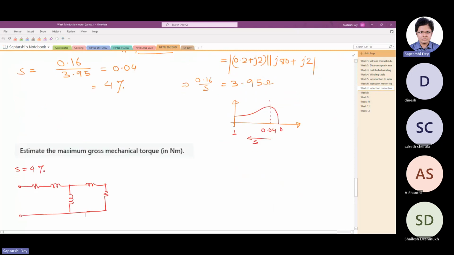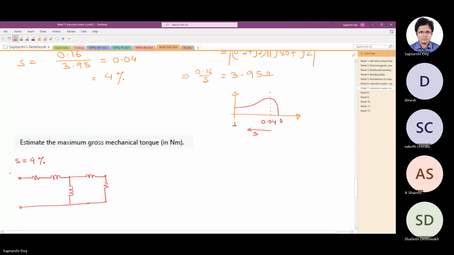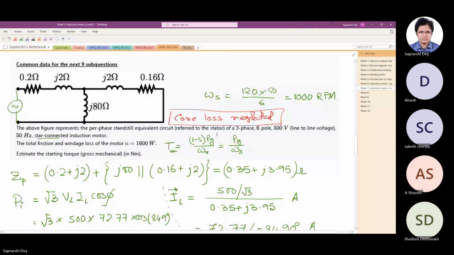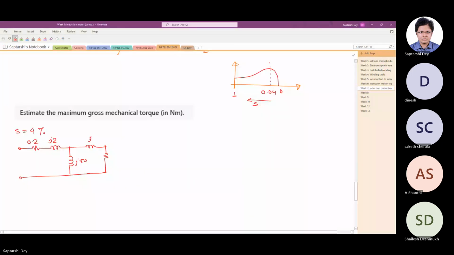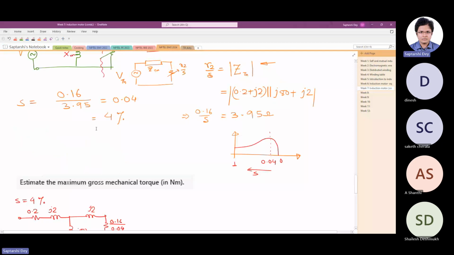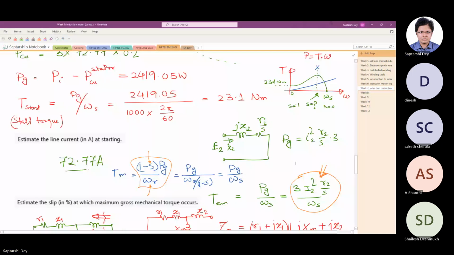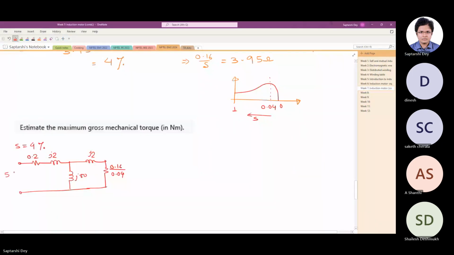What were the values? 0.2 + j2, 80, again j2, 0.16. So this is the situation when the maximum gross torque is happening and the supply voltage is 500 volts. So per phase it is 500 by root 3 volt, star connected machine.